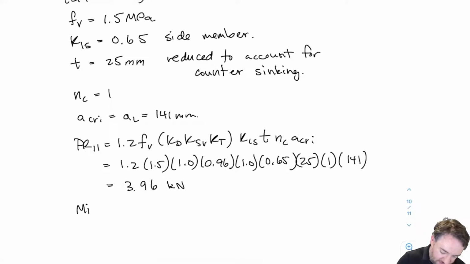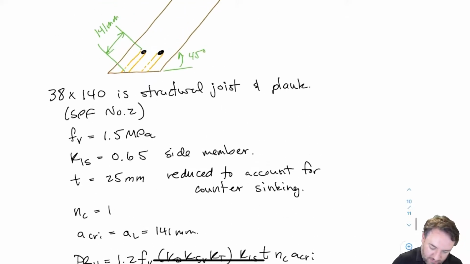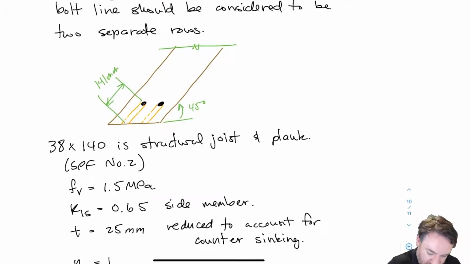And this happens to equal the same for the second row. Second row identical. Both of these rows have the same length here, that's 141, just like the other one was 141.